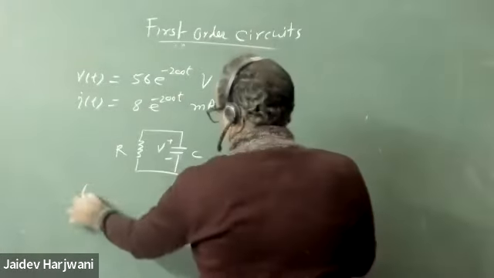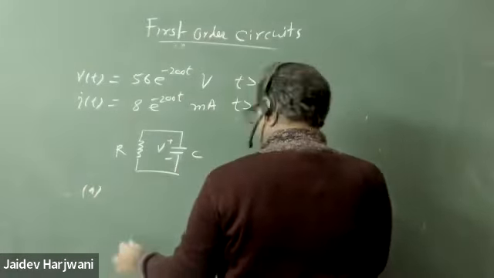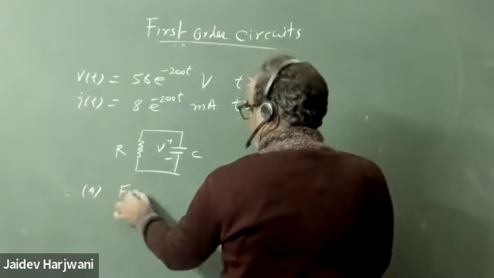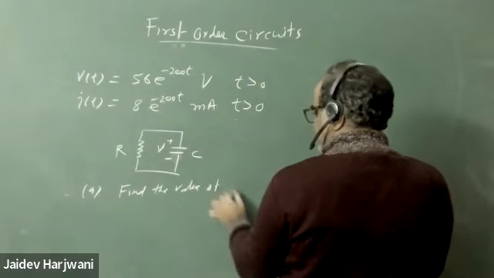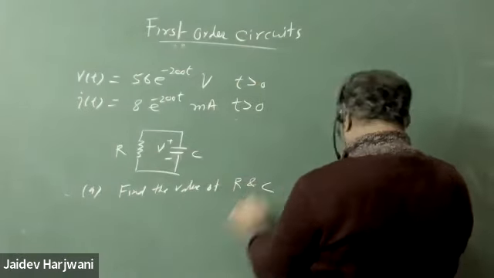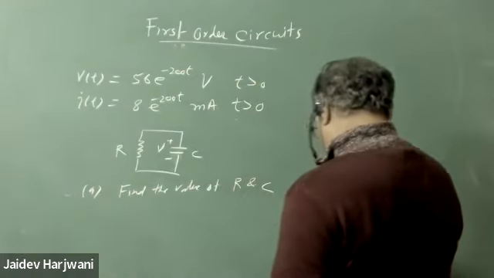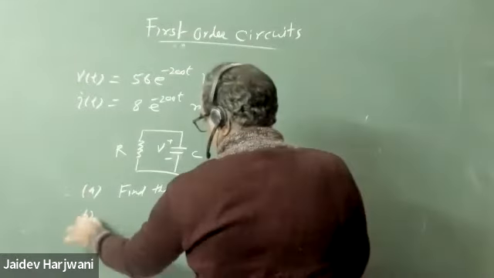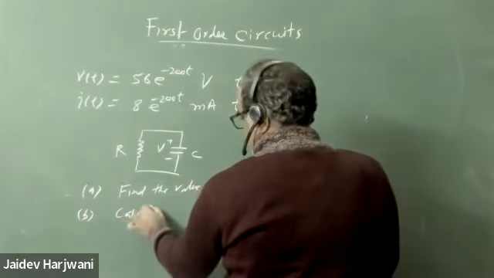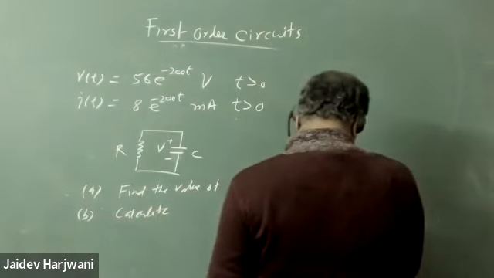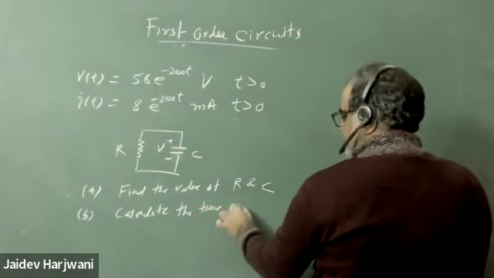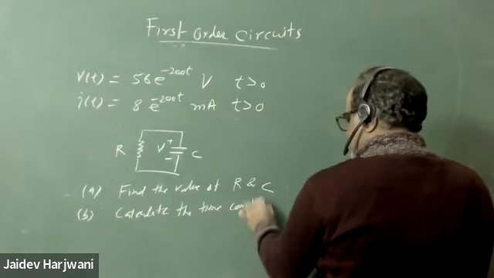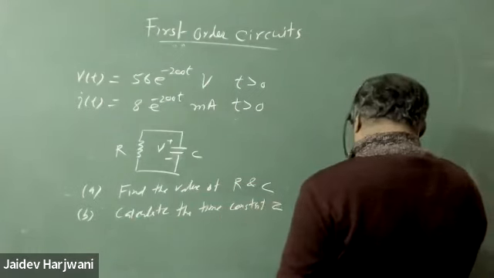So he says number 1 A, find the value of R and C. Then number 2, calculate the time constant tau.